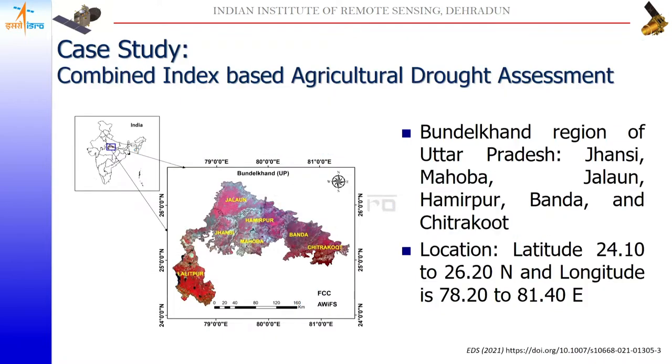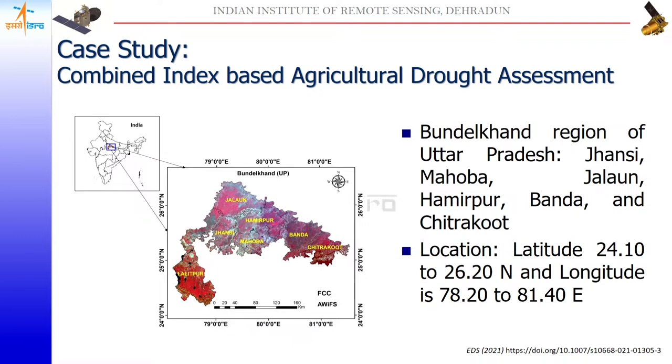Then one more case study is related to the integration and combination of agriculture drought assessment, which is also very important, because researchers have already done a number of studies in this domain and have a quality idea about the theme, that a single index may not give you precise information about the crop condition or crop growth.